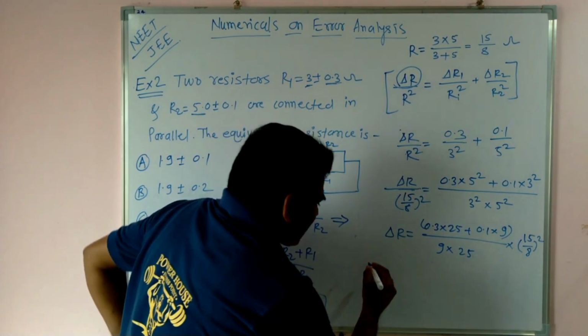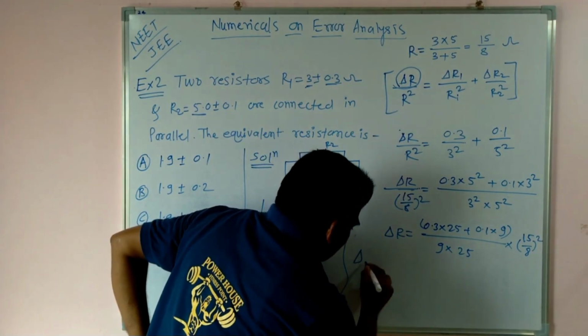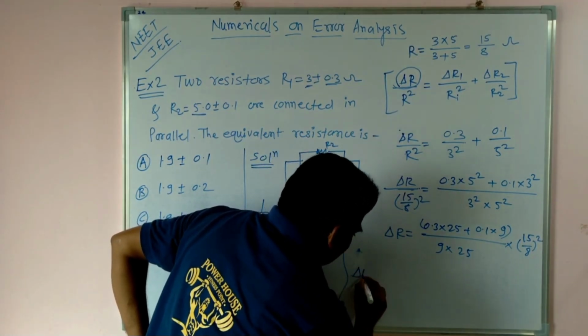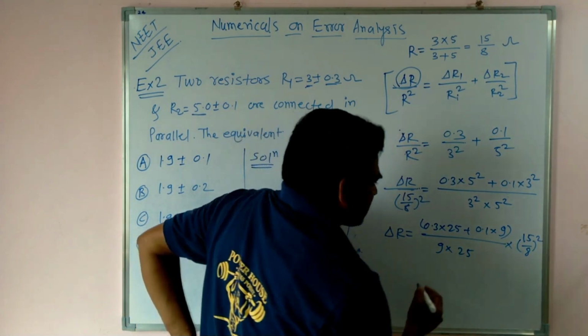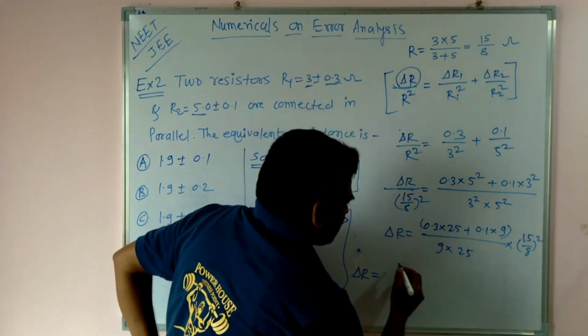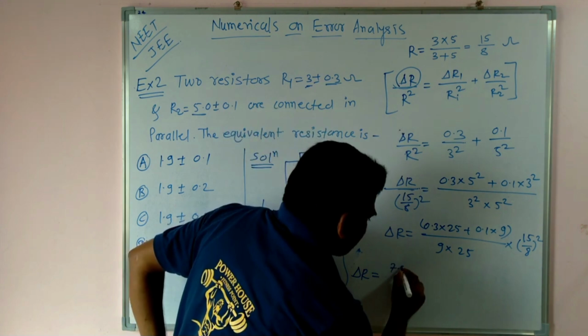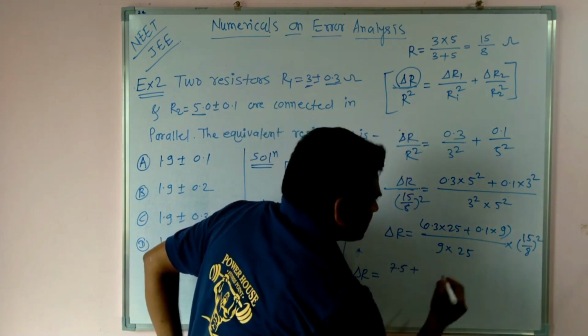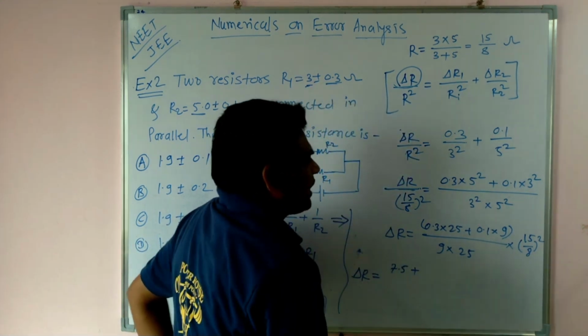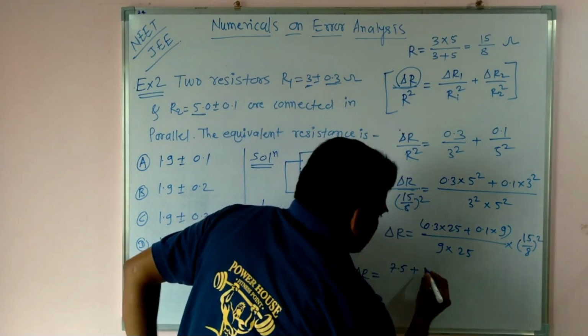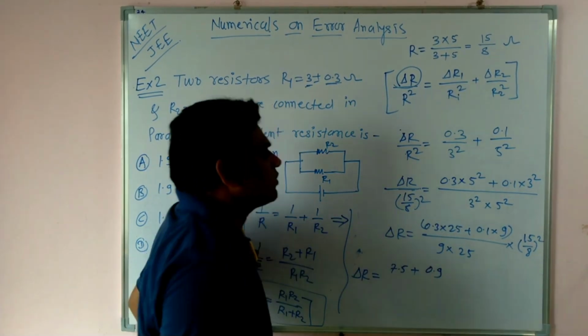Okay. So delta R is equal to what? So this will be 25 into 3, 75, so 7.5, plus 9, so 0.9. Yes or no?